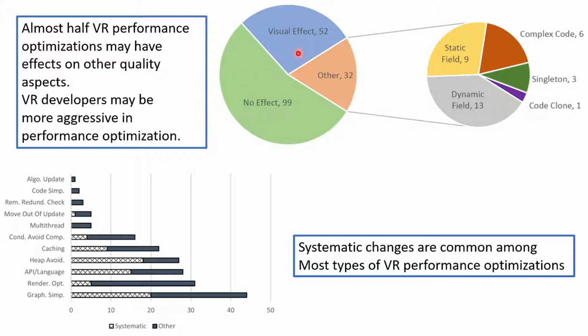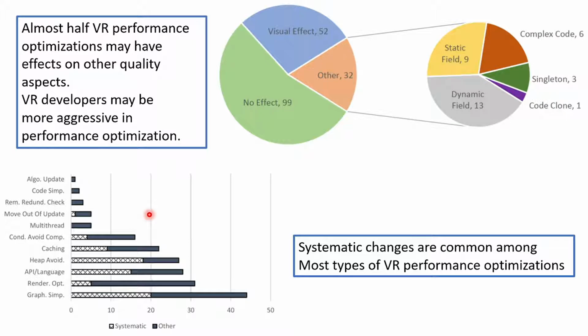The first one is the visual effect, which means that they downgrade the visual resolution or the visual quality to enhance performance. And the other is mainly the design aspect.